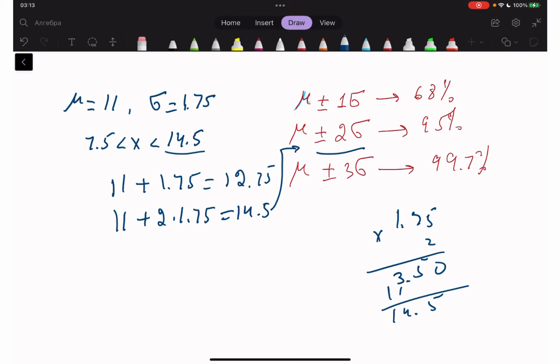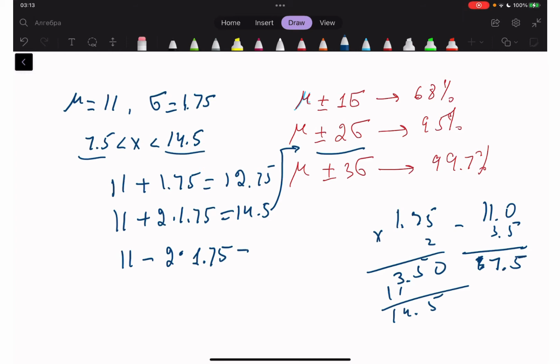Let's check also 7.5. 11 minus 2 times 1.75, which means I need to do 11 minus 3.5. It's going to be 7.5.